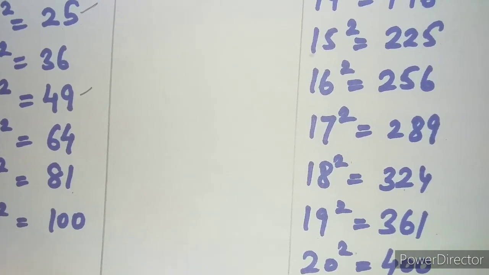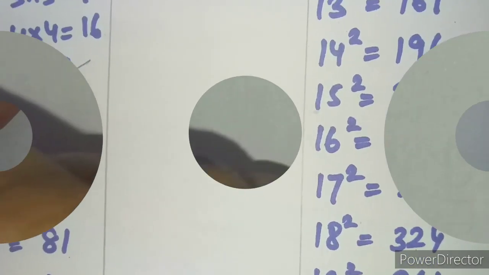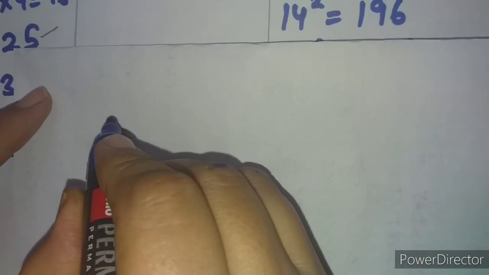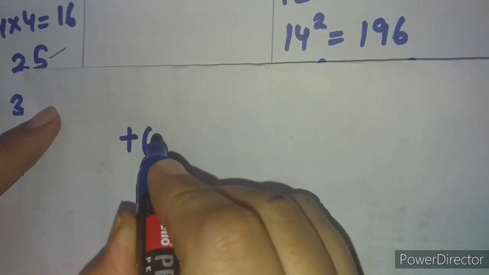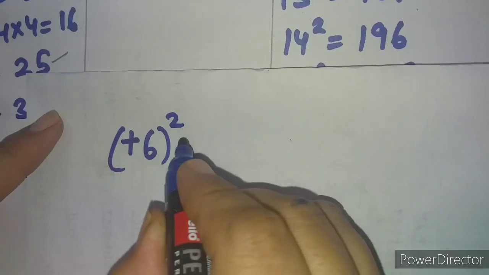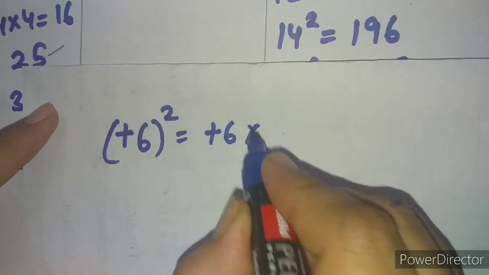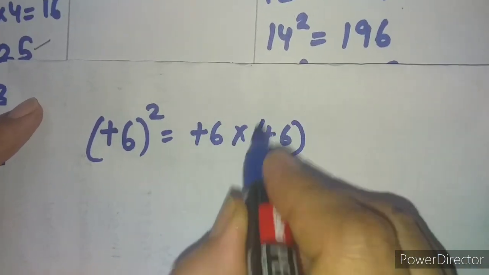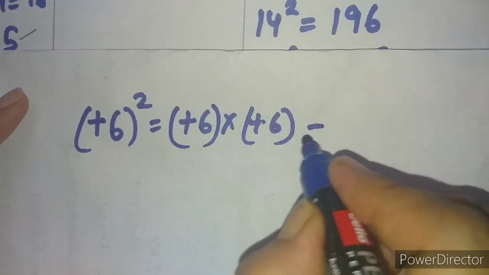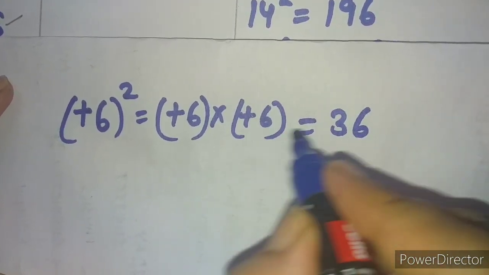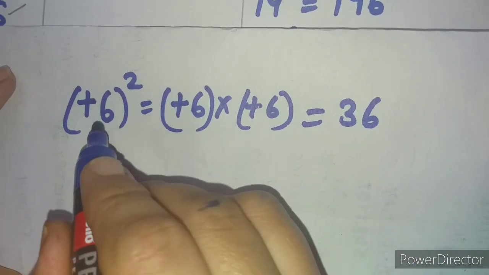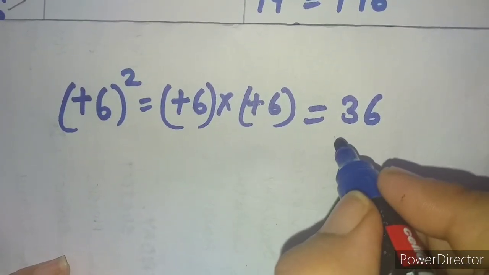One more thing I want to tell you is, suppose I take up the square of plus 6. Okay, square of plus 6 means plus 6 multiplied by the plus 6 only, right? So what will be the answer? 6 sixes are 36 and plus times plus is plus only. So square of plus 6 is 36.